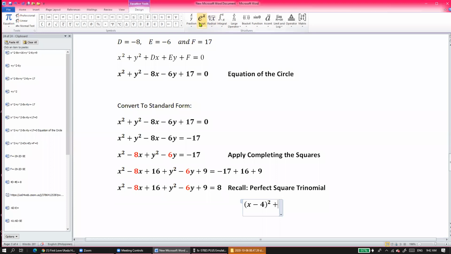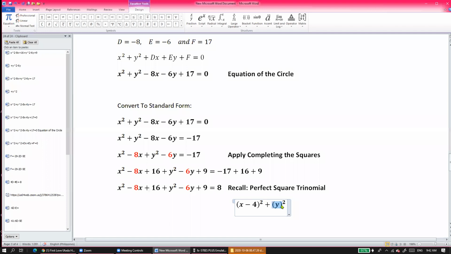Again, same strategy. I construct a parenthesis that is squared. So I square it again. What is the square root of y square? Isn't it y? And the middle term has a negative sign, so I will use minus.